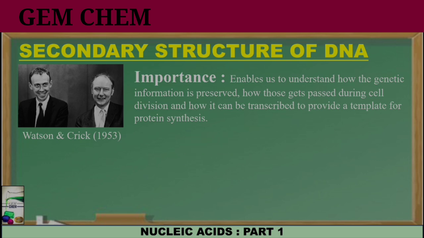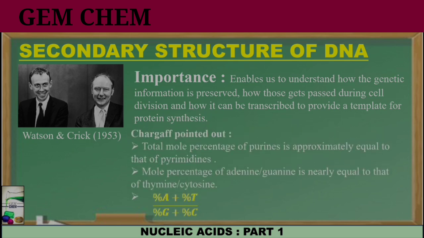Of prime importance to Watson and Crick's proposal was an earlier observation by Erwin Chargaff. According to his observations, first, the total mole percentage of purines is approximately equal to the total mole percentage of pyrimidines, and the mole percentage of adenine is equal to the mole percentage of thymine, as well as the mole percentage of guanine is equal to the mole percentage of cytosine.